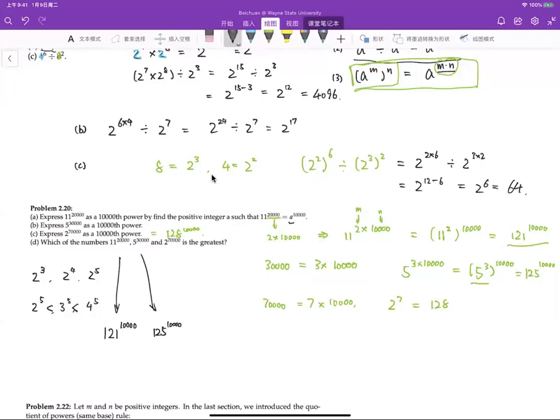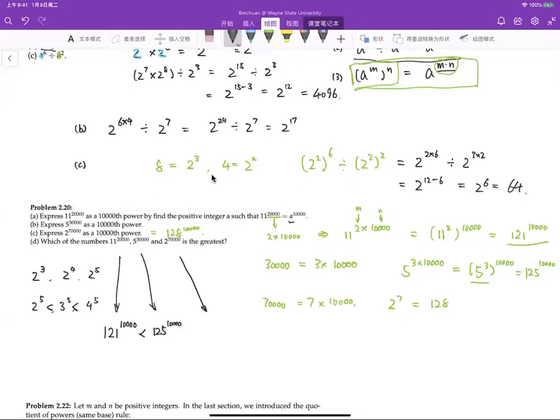Finally, 2 to the power of 70,000 is 2 to the power of 7 times 10,000, which would be 128 to the power of 10,000, and so 2 to the power of 70,000 is the greatest.